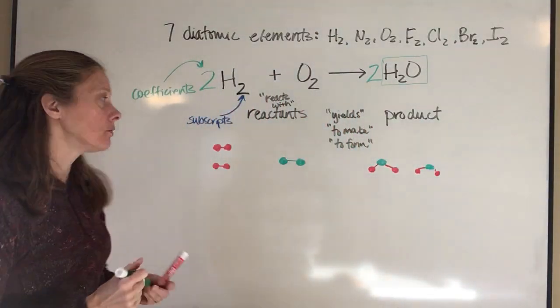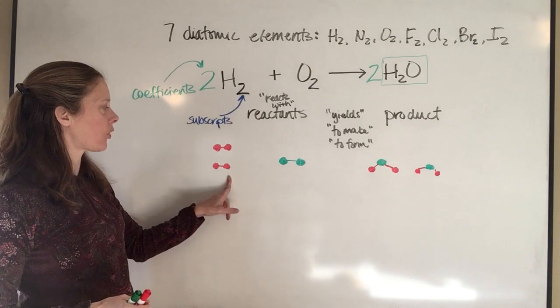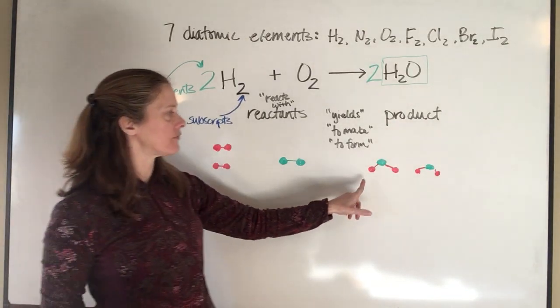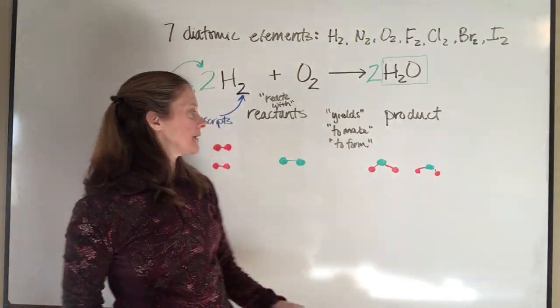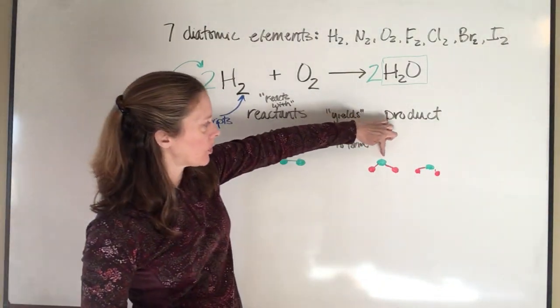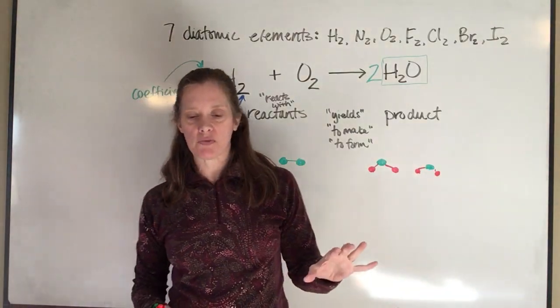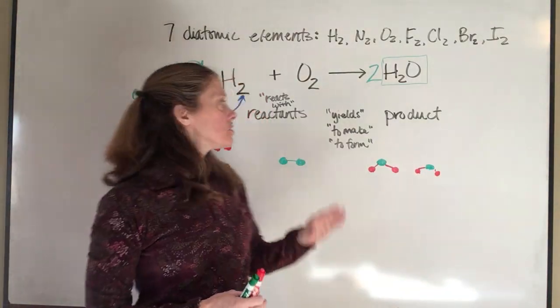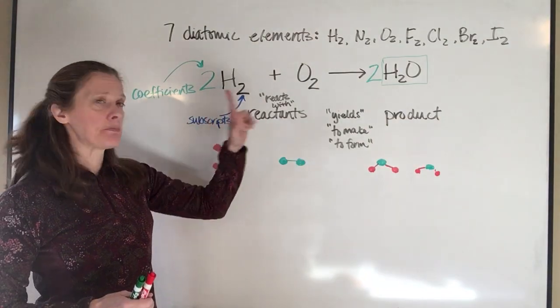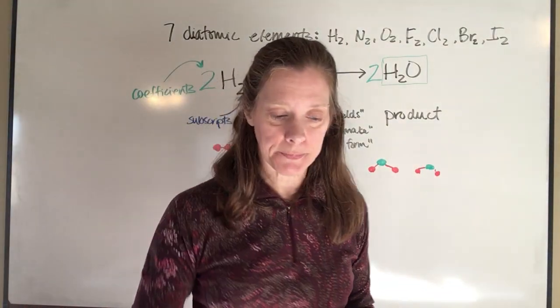And so now, with the drawings that I have here, you can see that I have 1, 2, 3, 4 hydrogens on this side, and I have 1, 2, 3, 4 hydrogens on this side. If I have oxygen, I have 1, 2 on this side, and I have 1, 2 on this side. So I have the same number of hydrogens and the same number of oxygens on each side. So this is now called a balanced chemical equation, and I have obeyed the law of conservation of matter. Okay?